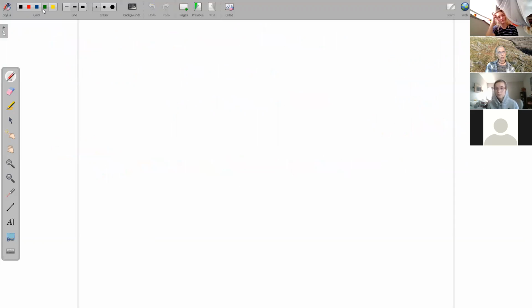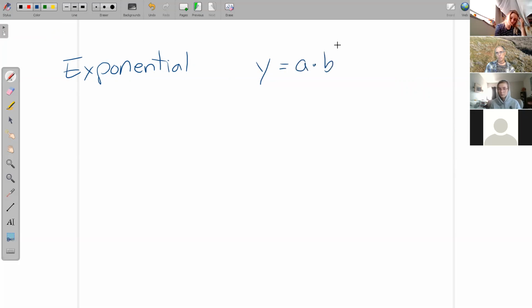Next type of thing we worked with in detail were exponential functions, exponential equations. And the basic shape of those was y equals a times b to the power x. There were a bunch of variations on this, whether we talked about doubling time or increase or decrease, but they all had this basic shape right here.